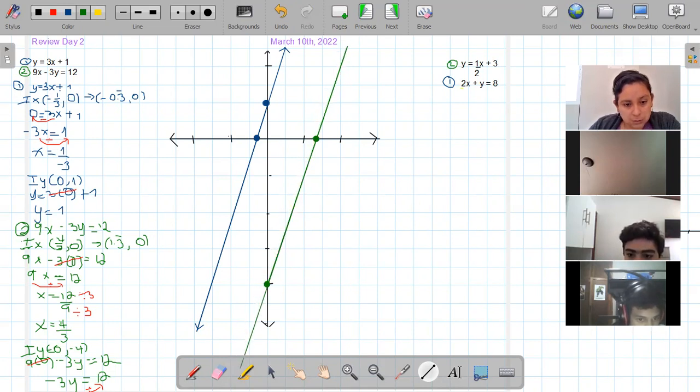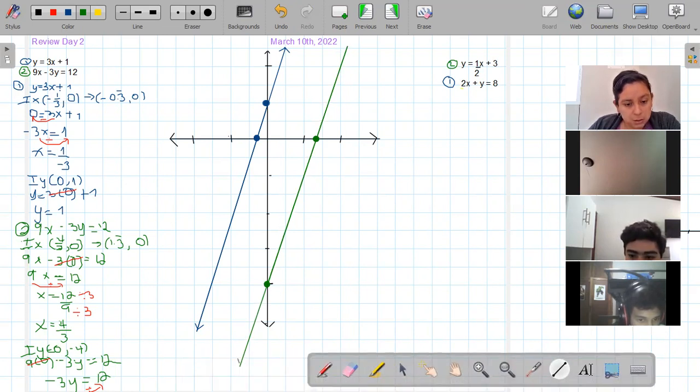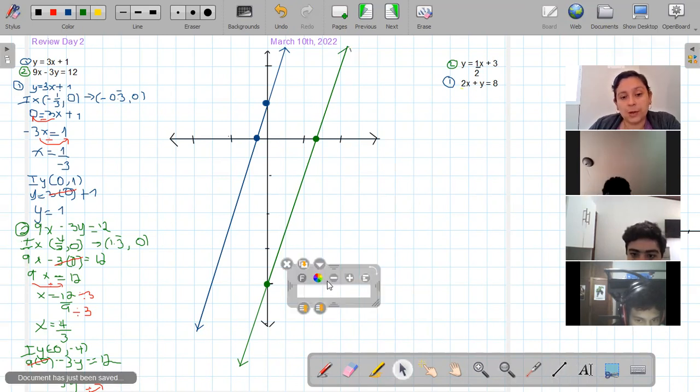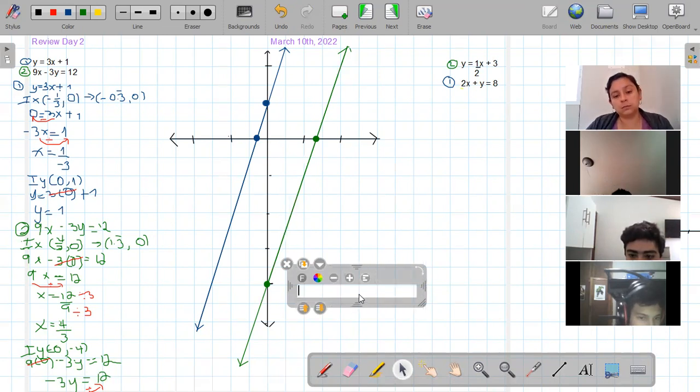So I have an equation like that. Are these parallel lines, perpendicular lines, or neither? What type of lines do I have? Parallel.